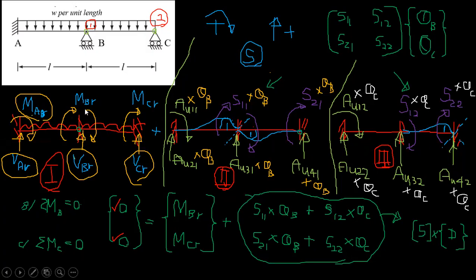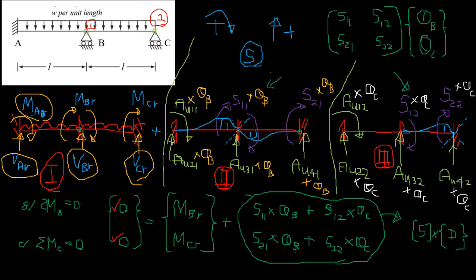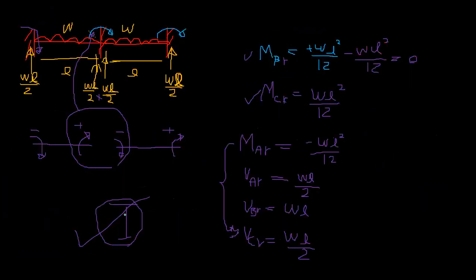First we determine the equilibrium at joints B and C. So it is zero, right? In the original structure, the bending moments are zero, so that is 0 and 0. And in the first primary structure, we had 0 and WL squared over 12.